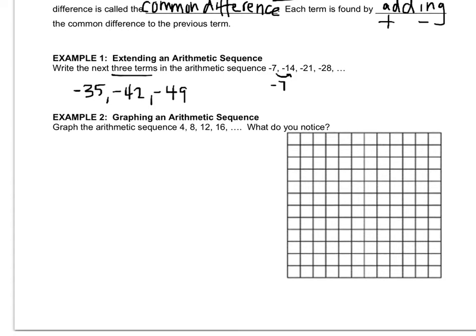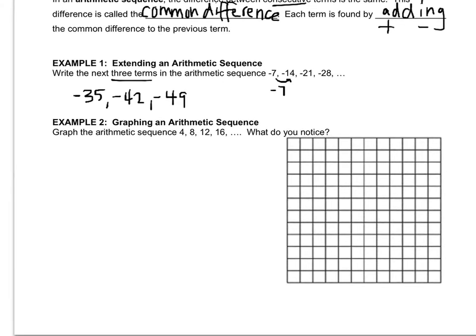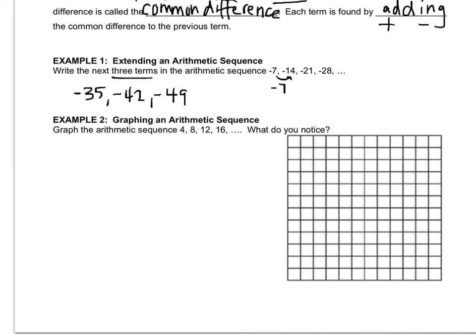When you graph an arithmetic sequence, remember I said everything has a position. So the position is n. That's how you would consider its position number. And then we want to know what that actual value is. So when n is 1, I'm looking at the number in the first position, which is 4.